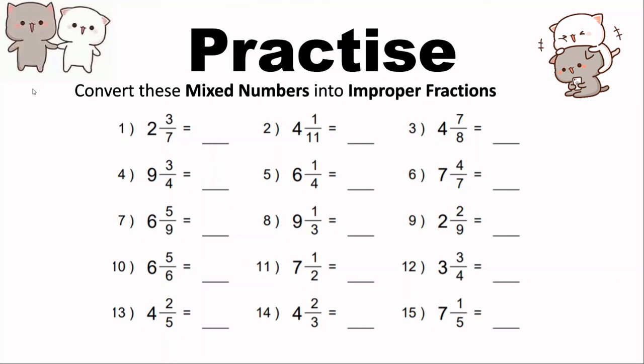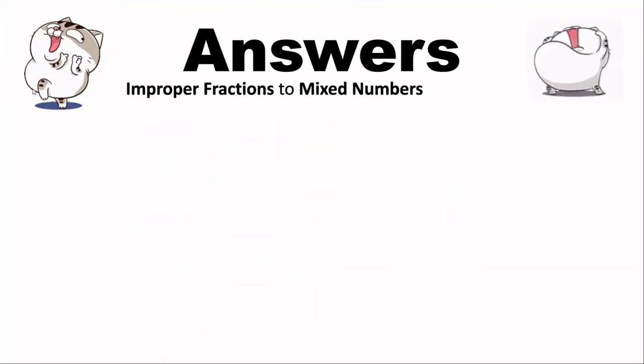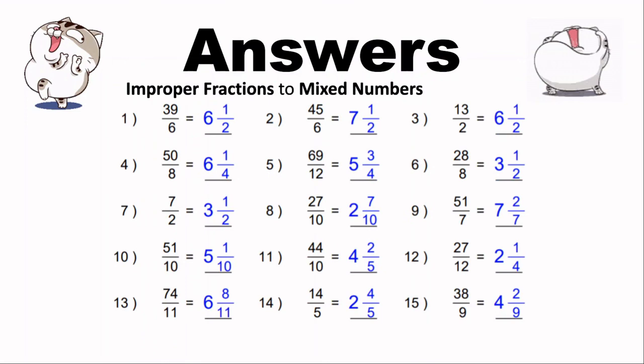I hope you had a chance to hit pause, because here come your answers. From our first practice exercise, converting improper fractions into mixed numbers, I hope you remembered to simplify your fractional parts of those mixed numbers. Here come your answers. Note that many of these fractions were simplified.